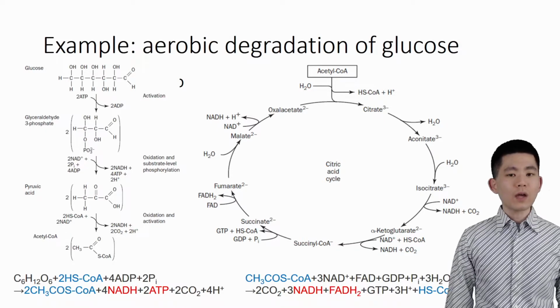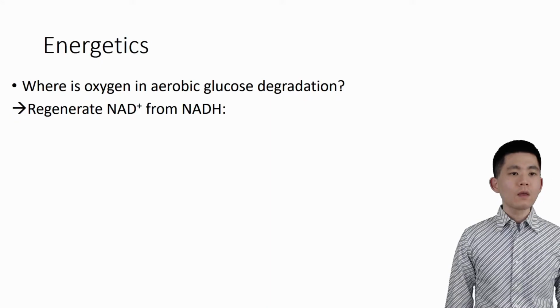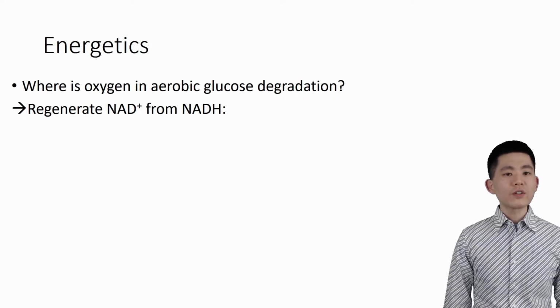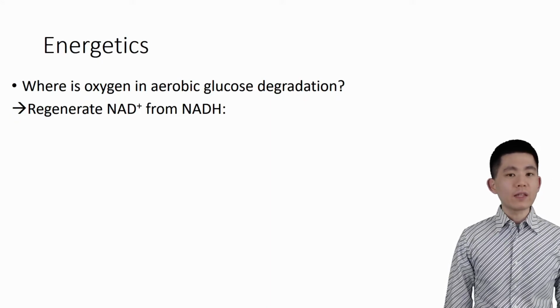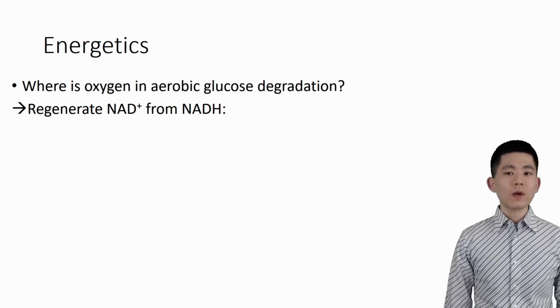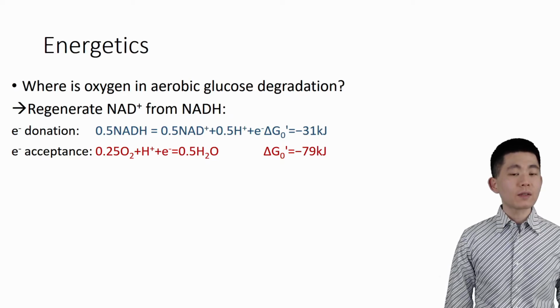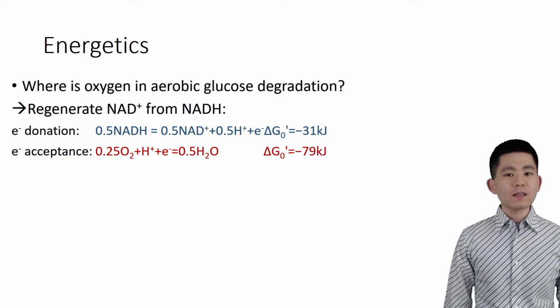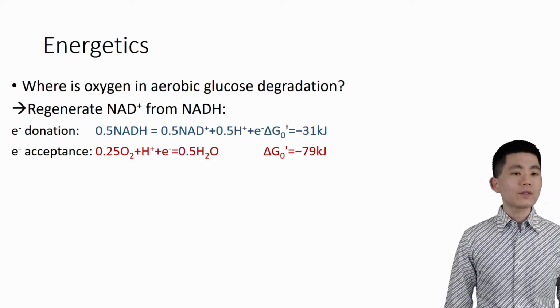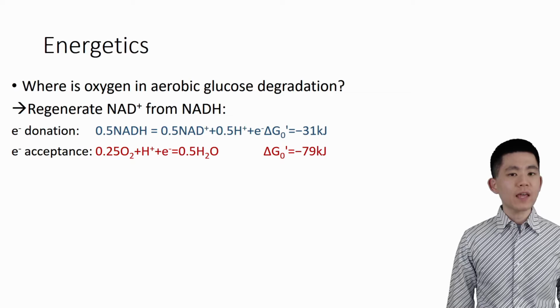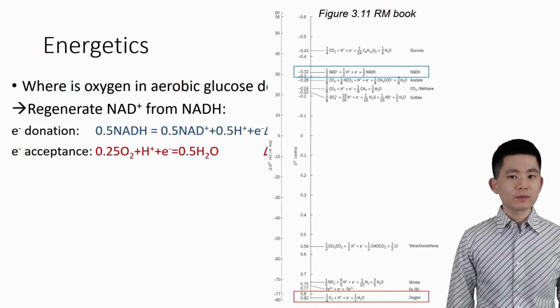But where is oxygen in this aerobic process? Oxygen is used to regenerate NAD+ from NADH. We can write out the half reactions. NADH donates electrons and forms NAD+, and oxygen accepts those electrons to form water. We can see where each of the half reactions stands on the energy level chart.